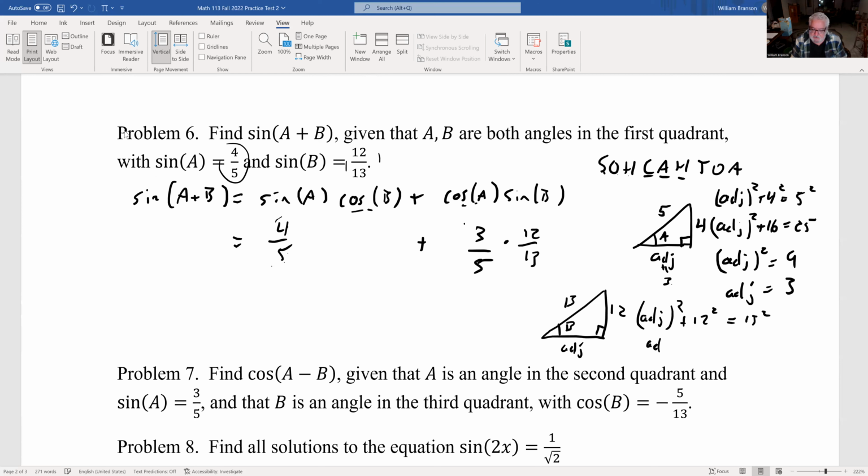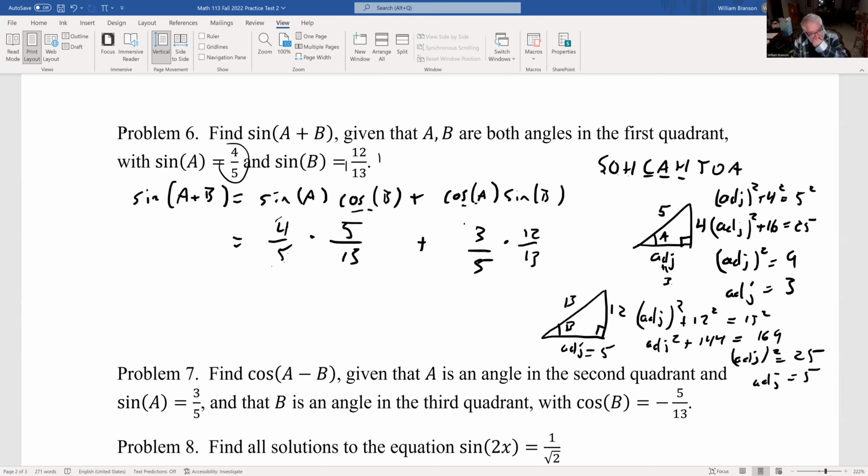So adjacent squared plus 144 equals 169. Subtract the 144 from both sides. And so we get the adjacent is 5. So that means the cosine of B is 5 over 13.